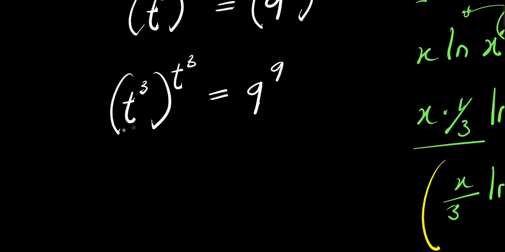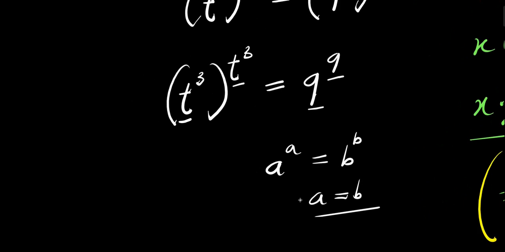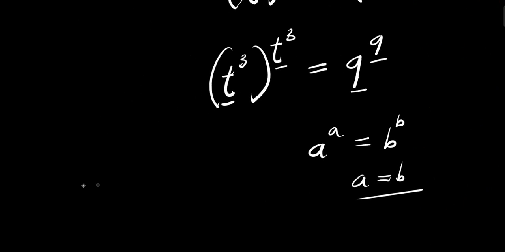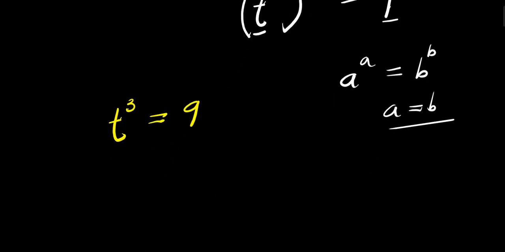Now, this and this are the same. You have a power a equals b power b, meaning a equals b. So you can say t power 3 equals 9.